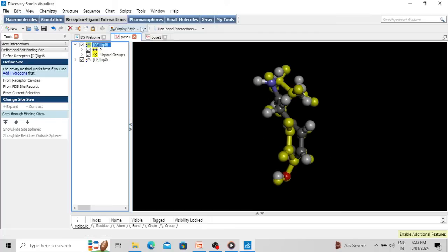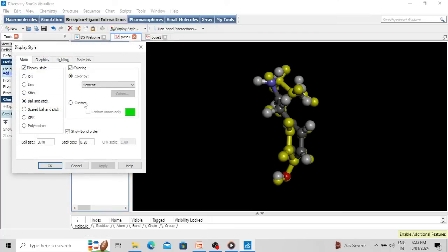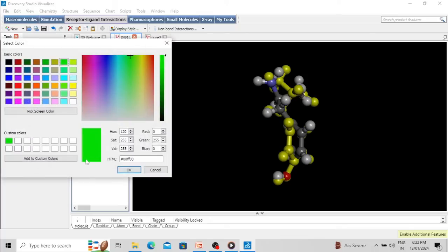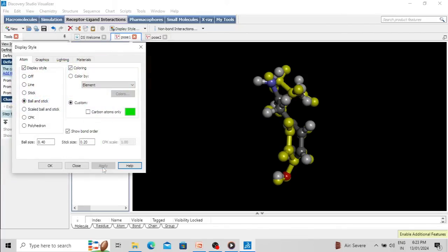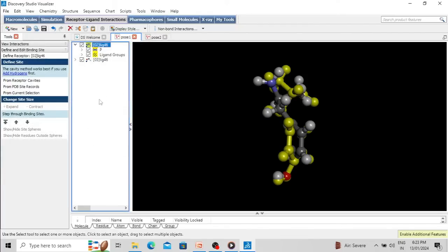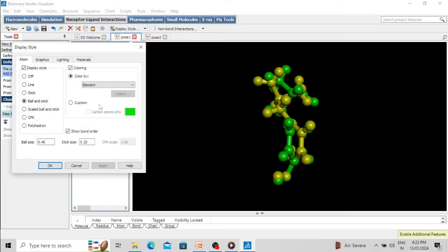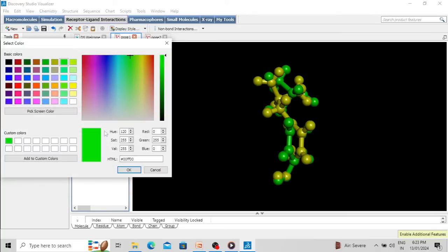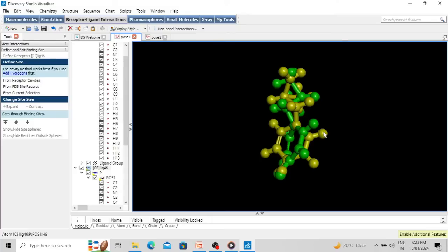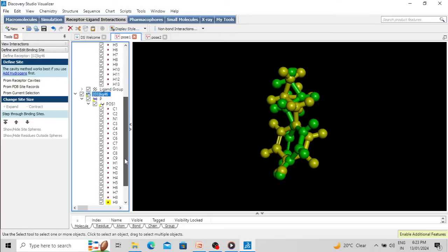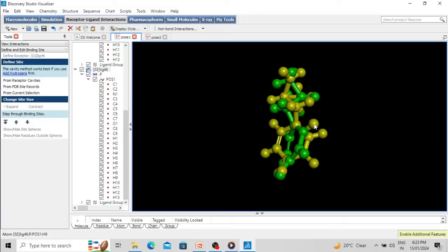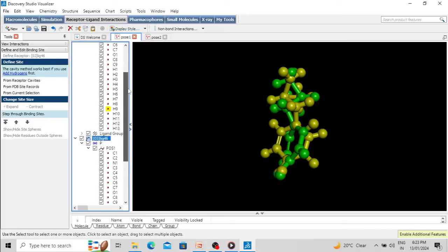The first pose in green color, and the second pose in yellow color. This is the hydrogen 9 of second pose, and this is the hydrogen 9 of first pose. Okay.